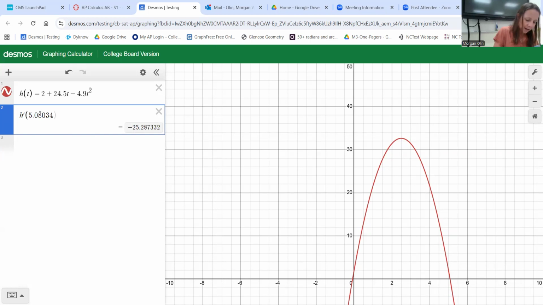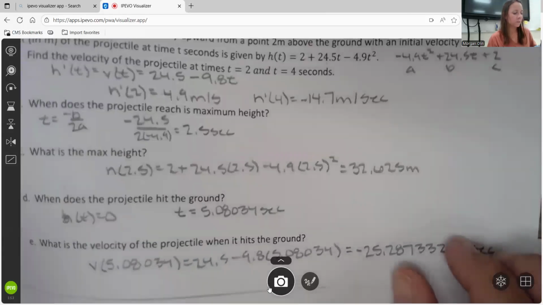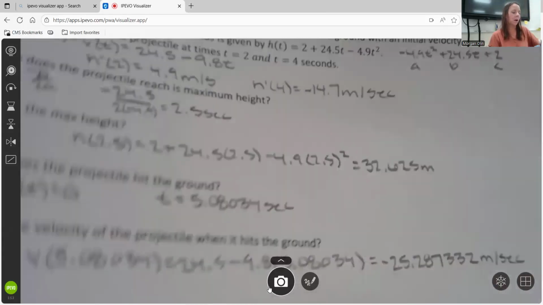So it's meters per second. Let that make sense for a second. It's coming back down to the ground, so because it's coming down, it's going to be a negative number. The velocity is going to be negative. So there we go. A little bit of math one, math two mixed in to some calculus here.